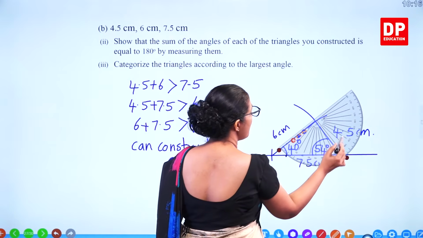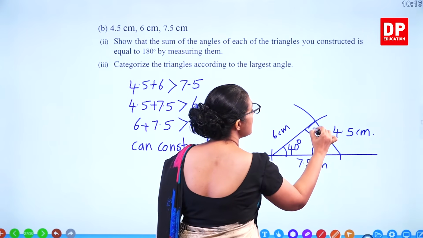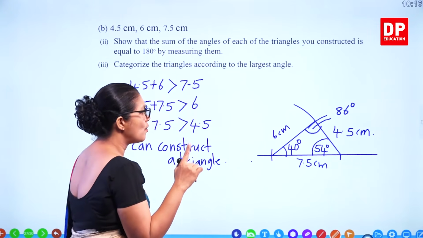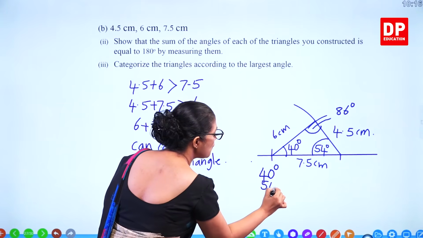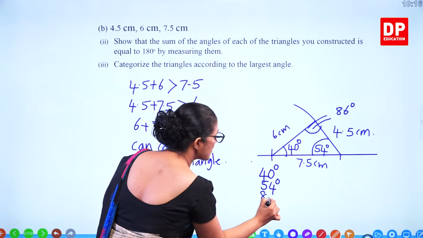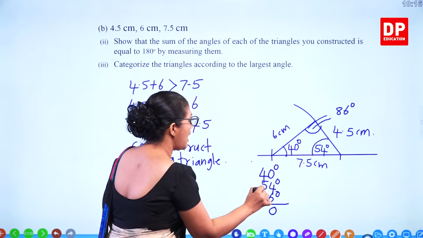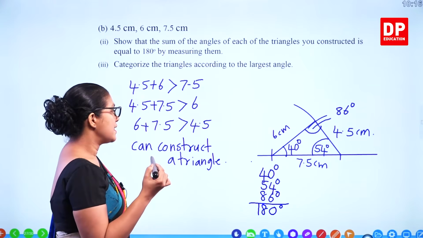From this side, that's 86. This is 86. We'll see whether it's true now. Add the angles and see: 40, 54 and 86. 10, and here 9 and 9, 18. So that adds up to 180.